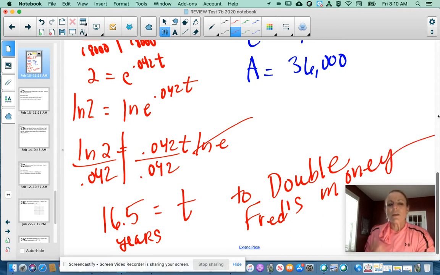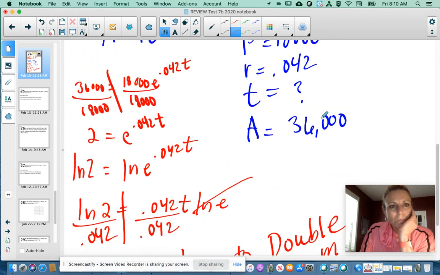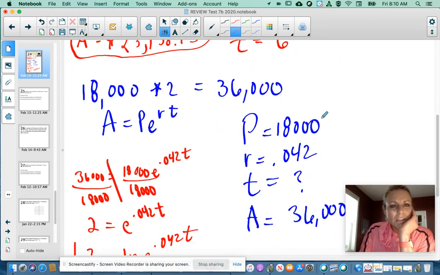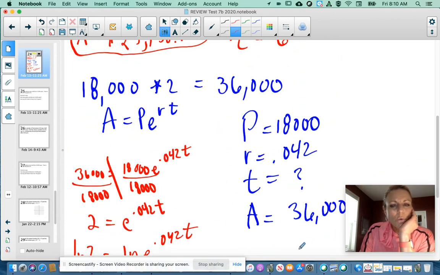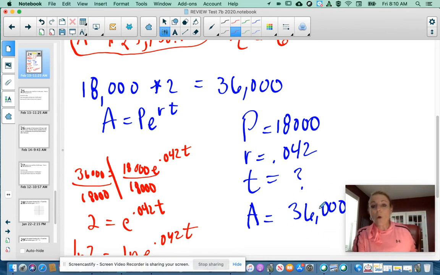Let's do this on our calculator now. So here's the deal. We know we're looking for 36,000. That's our A, which is going to be like our Y value.